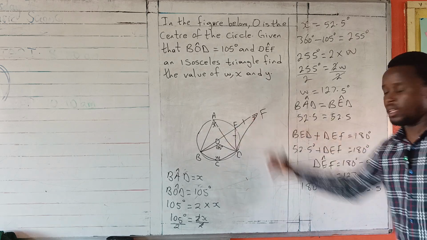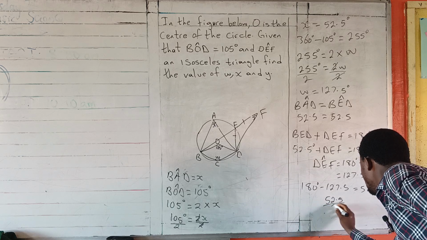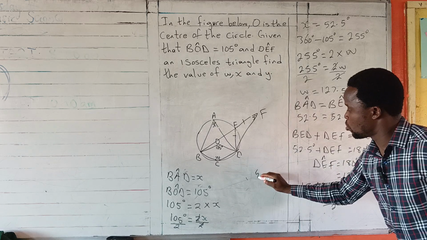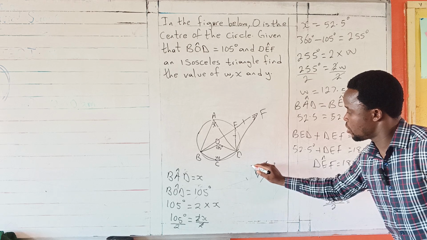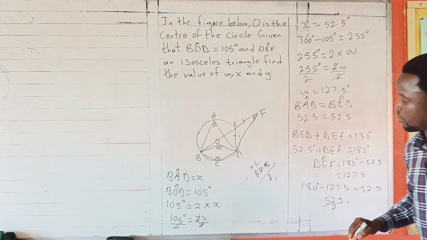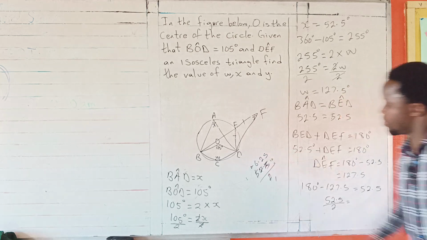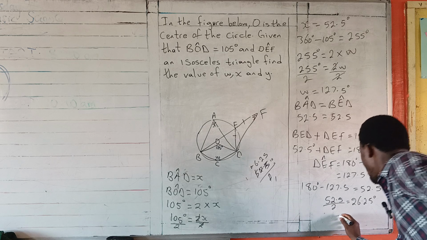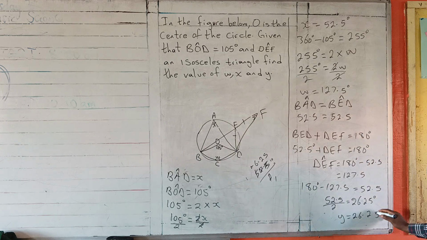For me to know Y, I just divide 52.5 by 2, and I'm having 26.25 degrees. So Y is equal to 26.25 degrees.